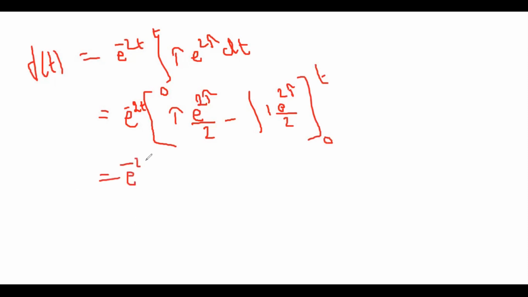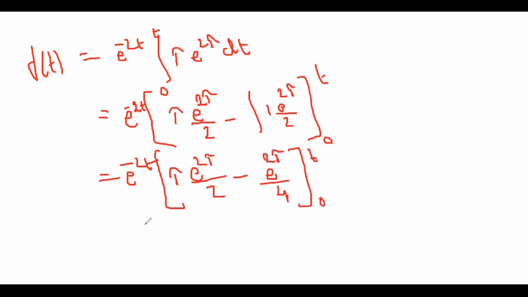Again, inside the e power minus 2t, tau e power 2 tau by 2 minus, apply the integral here again, e power 2 tau by 4, with limits t and 0. And these are the values of tau. So e power minus 2t, tau is t, e power 2t by 2 minus e power 2t by 4.